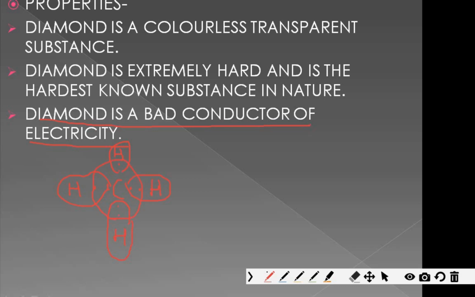While in an ionic bond, for example, if you take NaCl, sodium has an atomic number of 11 and chlorine has an atomic number of 17.